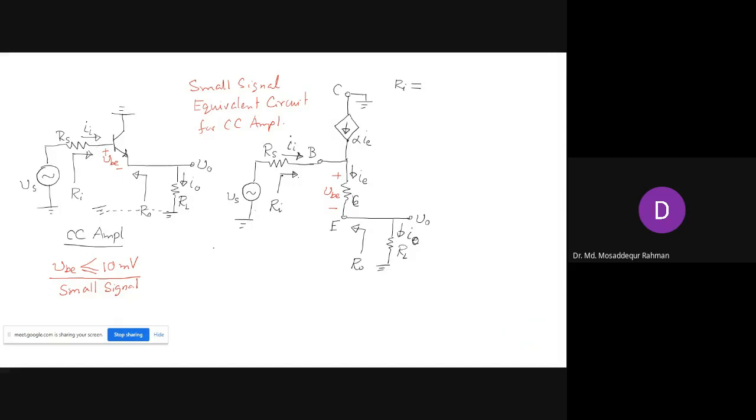We are looking from the base side, right? Ri is the resistance looking from the base side, and RE and RL are both in the emitter side. So there will be some modification of this resistance. What modification will we have?